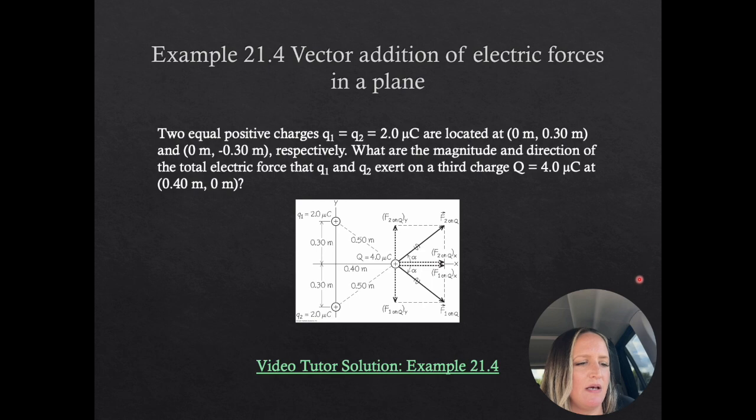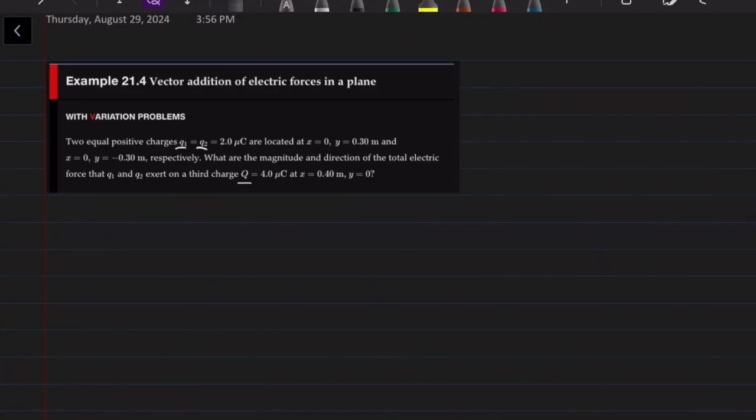This is the example that I want to do together. Okay, so in this example, which is 21.4 in your book, we're going to be calculating the magnitude and direction of the total force on a charge, big Q, due to two other charges, Q1 and Q2.